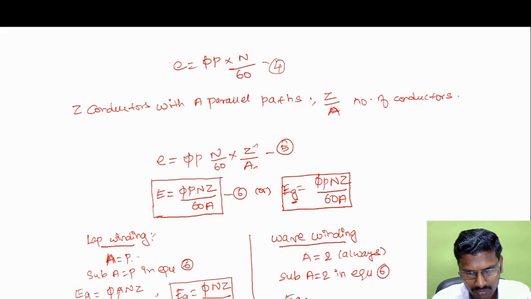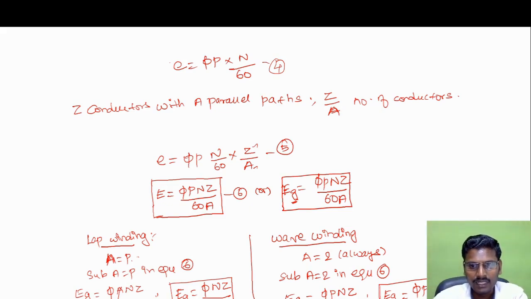So Eg is equal to phi P n Z divided by 60 into A, with A equal to 2. So I am substituting 2 instead of A. So I will get Eg is equal to phi P n Z divided by 120. So this is the generated EMF equation for DC generator under the wave winding category, right?